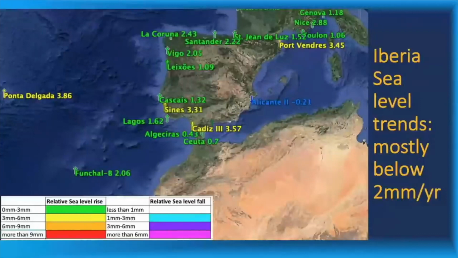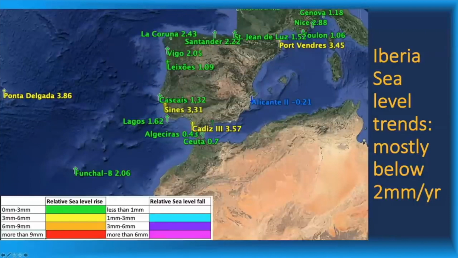Going to the south, to my land, Iberia, the trends of sea level changes are represented here with the same legend. And so you see that in most of the places you have a rising sea level, but with values that are not very great.